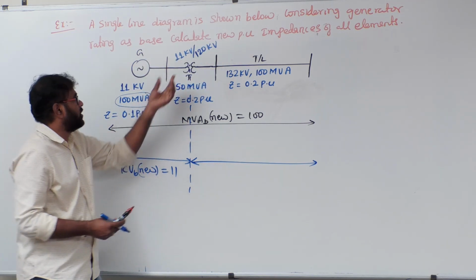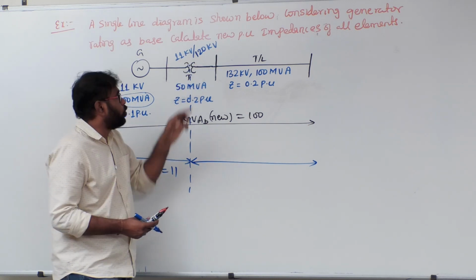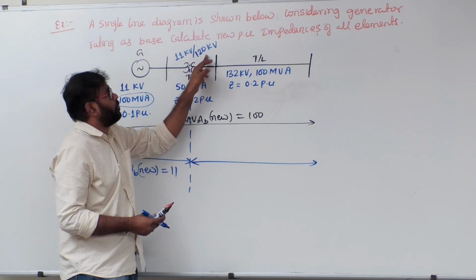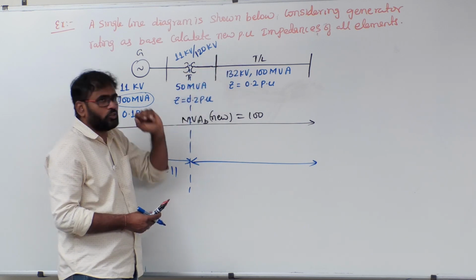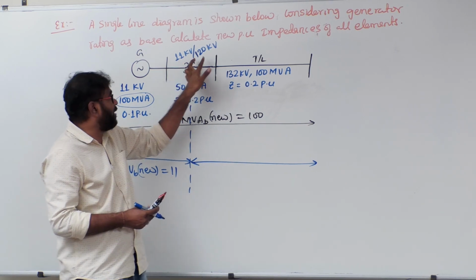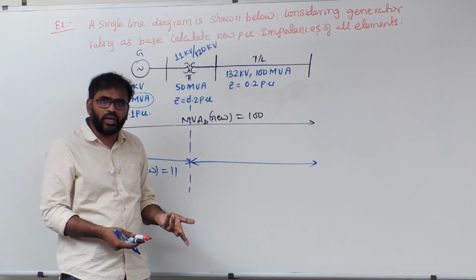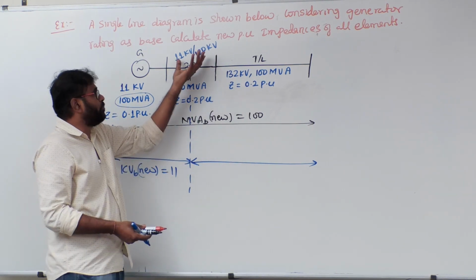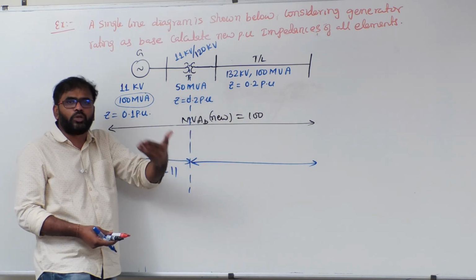For understanding this, check the transformer ratio. What the transformer is saying: you give me primary line voltage 11 kV, I will produce secondary line voltage as 120 kV. So using that simple principle, we can calculate the secondary line voltage.